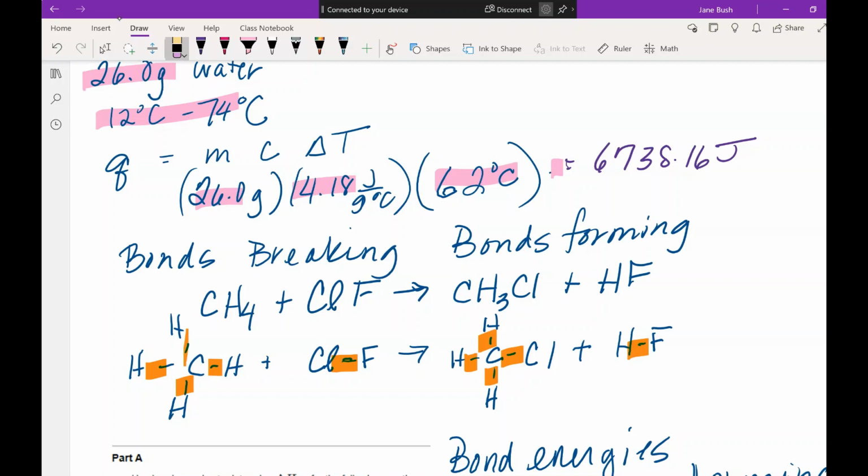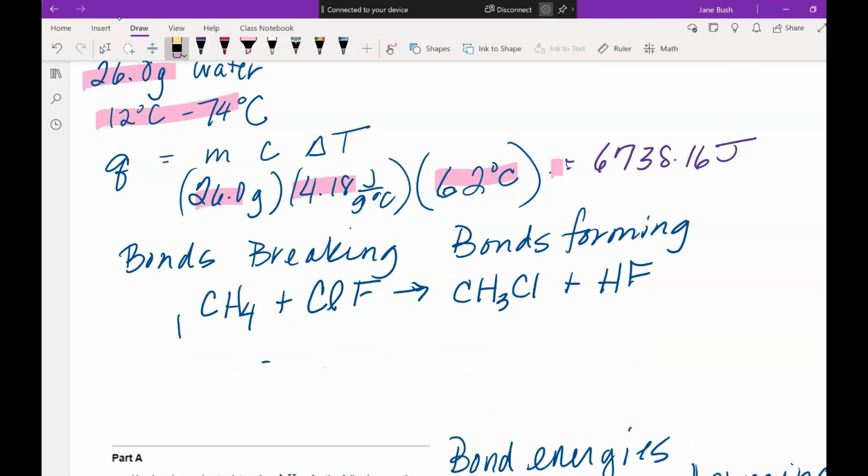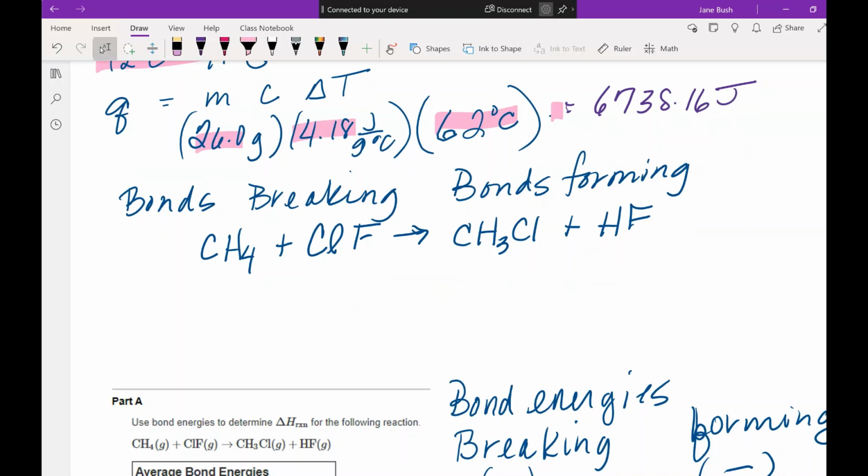If we have CH4, which is methane, plus chlorine monofluoride, ClF, they will rearrange the atoms and become methyl chloride, CH3Cl, where CH3 is a methyl group, and hydrogen fluoride or hydrogen monofluoride or hydrofluoric acid, depending on whether it's dissolved or not. It doesn't matter, because what we're going to look at now is bonds breaking and reforming.